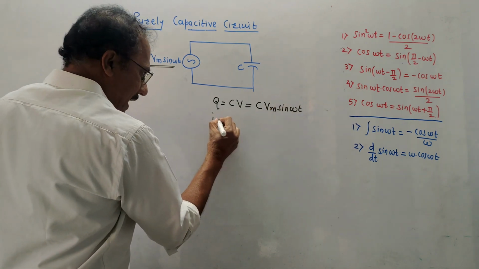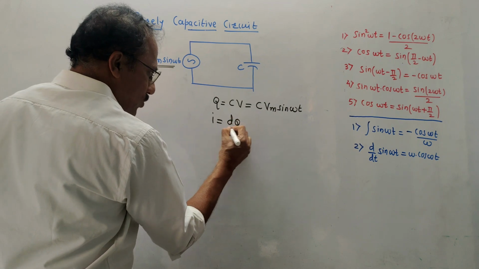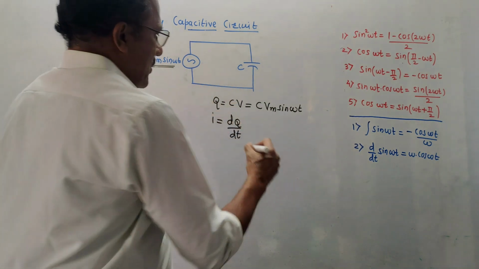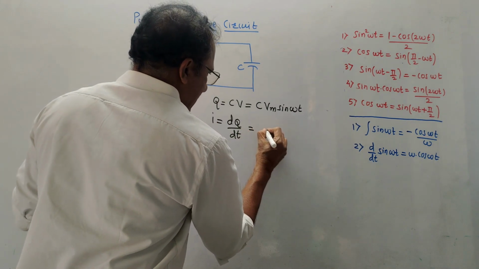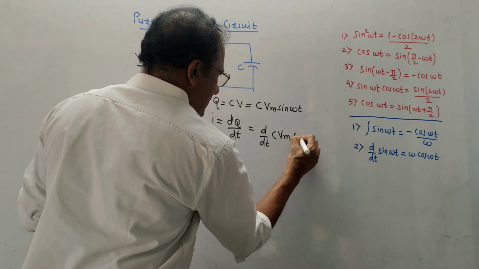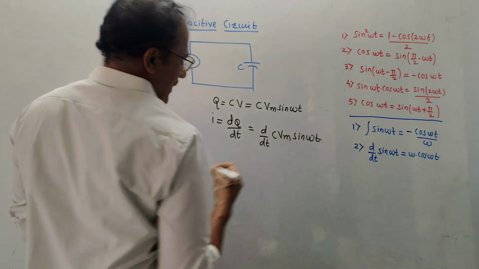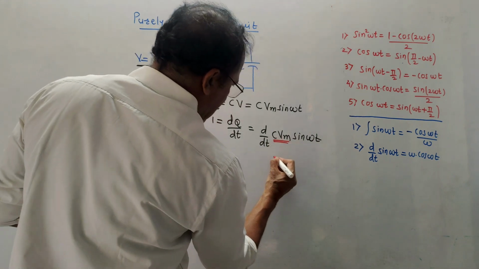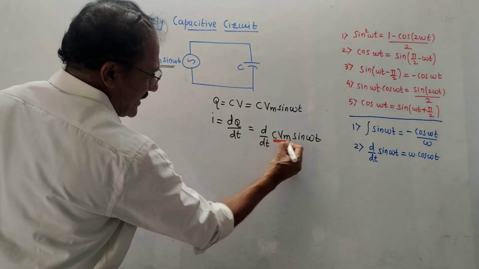Now, current I is given by dq by dt. Basic equation of current, derivative of charge. So I will write it like this: d by dt of CVm sin omega t. As far as the derivative with respect to time is concerned, CVm is constant.